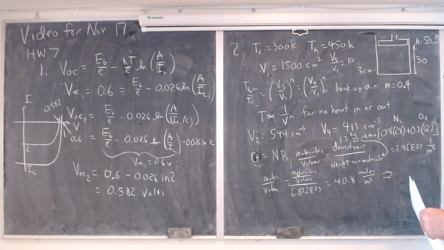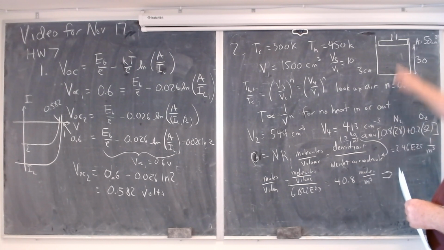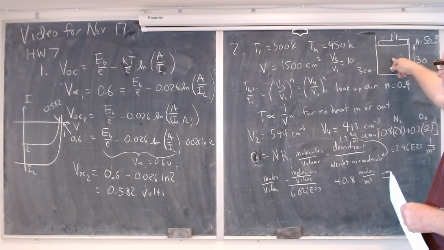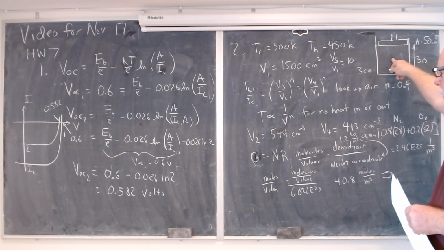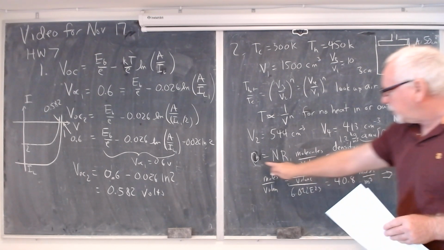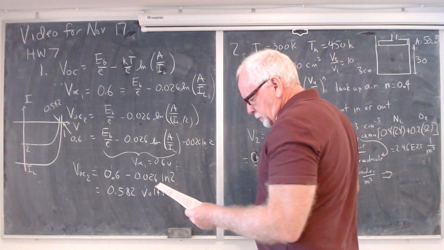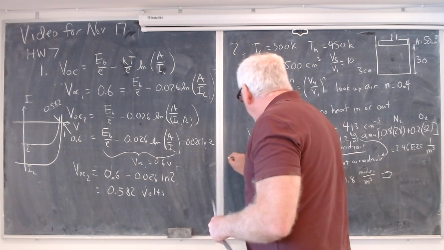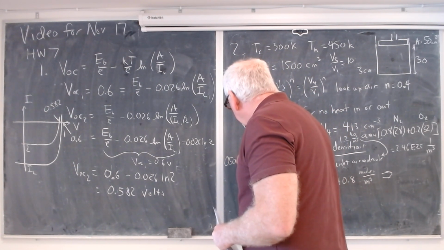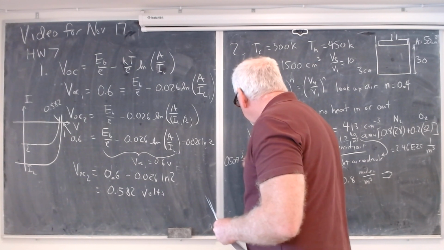All right, and so you multiply that times V1, right? Because V1 is the point at which you put in your air, to get that beta is equal to 0.509 joules per Kelvin.